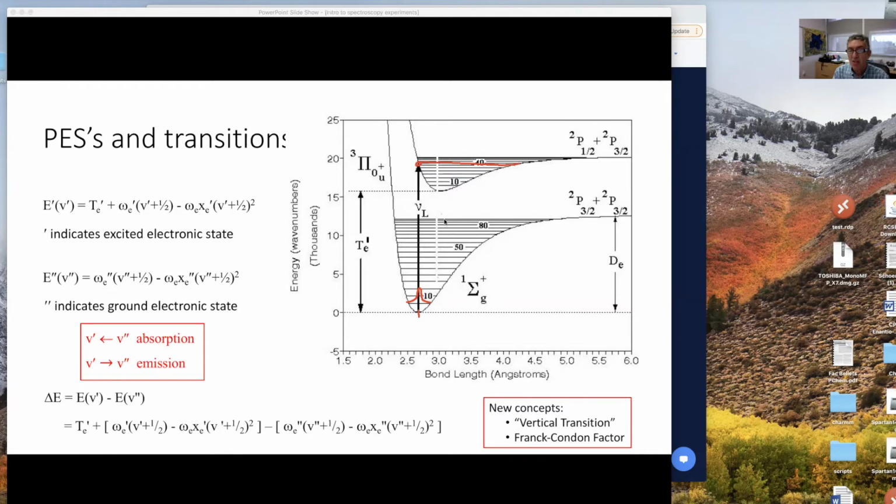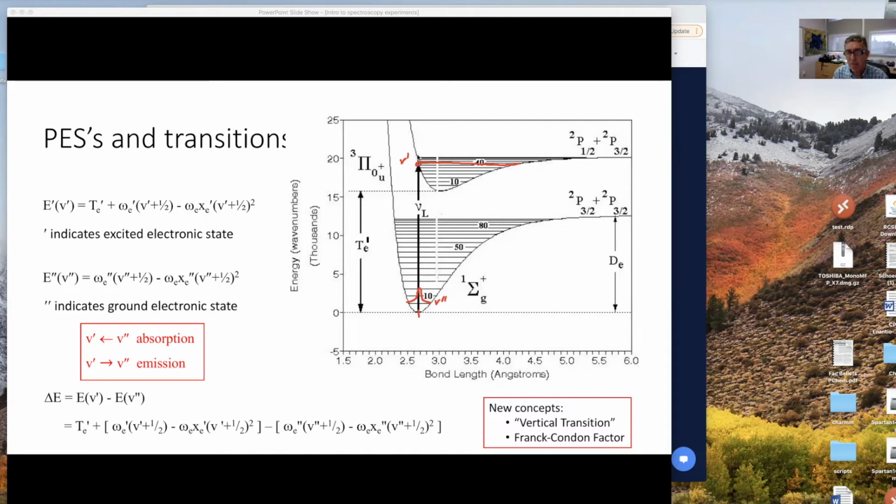Okay. So that principle, that in the vertical transition, you go from this vibrational state in the lower electronic state to this pretty large V prime in the upper state, is called the Franck-Condon principle, or we'll also speak of Franck-Condon factors. So that's the most likely transition. You can think of this classically this way.